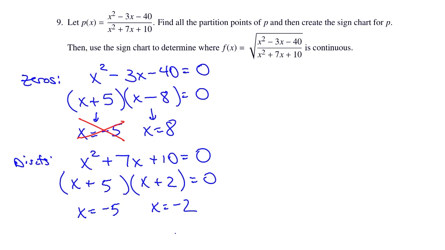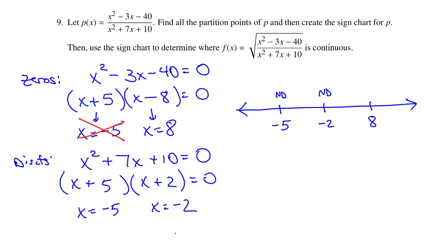Now next, let's come up with the sign chart. I'll put these three numbers on the sign chart in order: negative 5, negative 2, and 8. I'll put above those where those came from. The negative 5 was a point of discontinuity, so that gets marked with ND. Negative 2 was a point of discontinuity, so that's also ND.